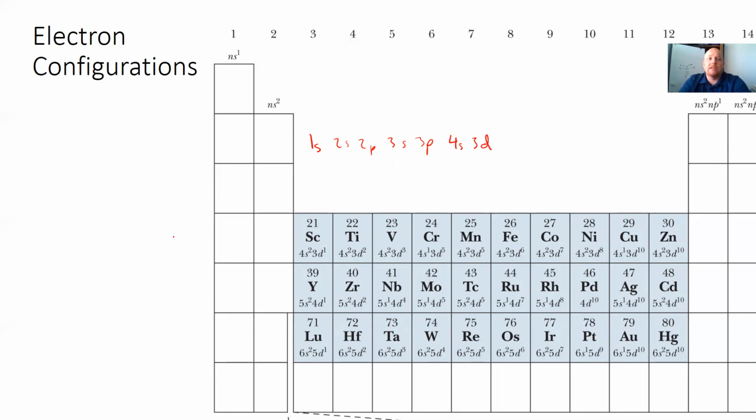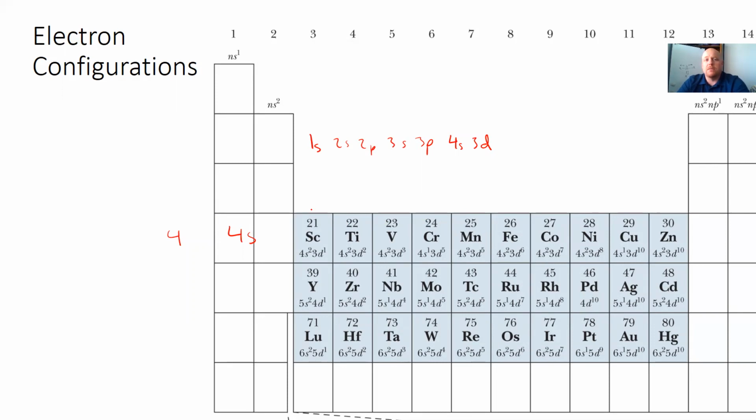And so once we hit period 4, we can think about the 4s electrons being related to the alkali and alkaline earth metals in period 4, and then after that we're filling electrons into the 3d orbitals.